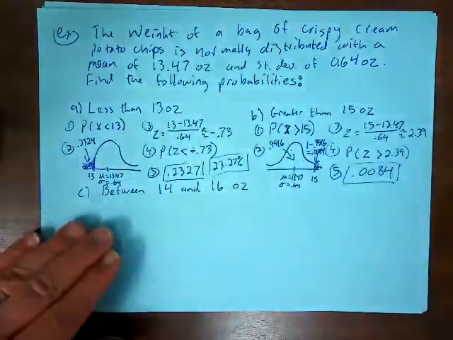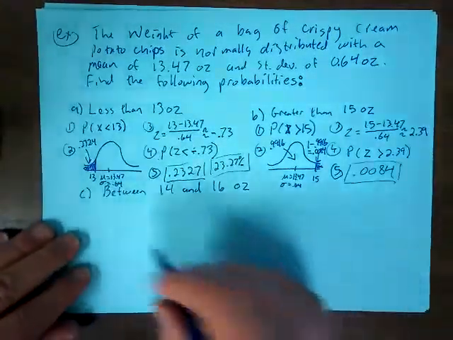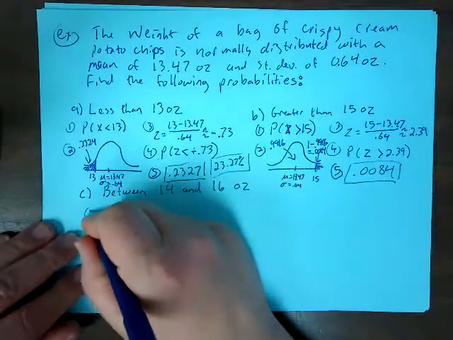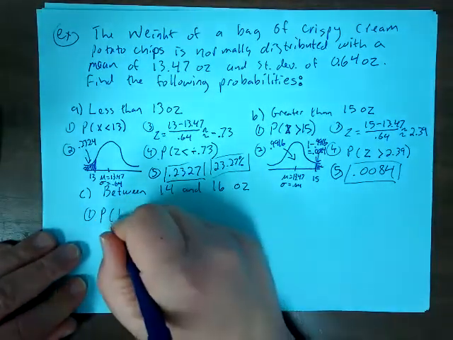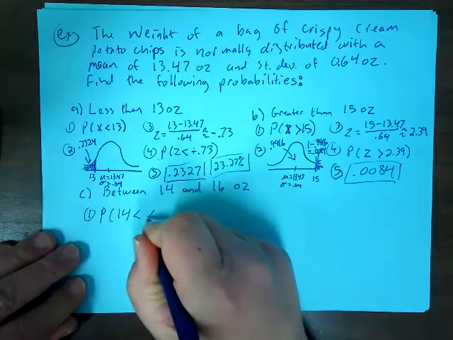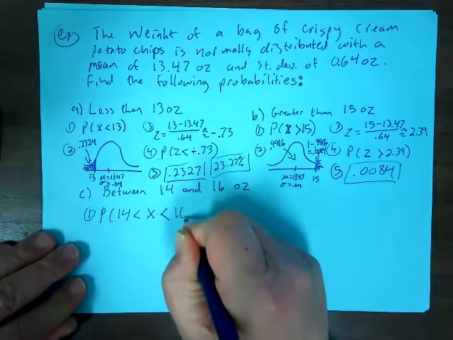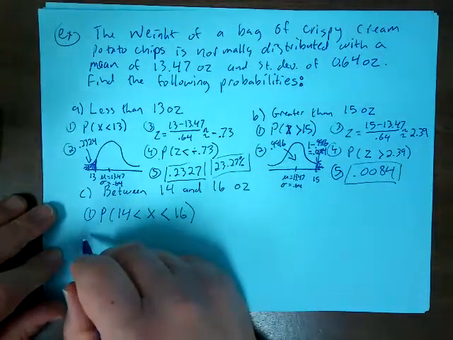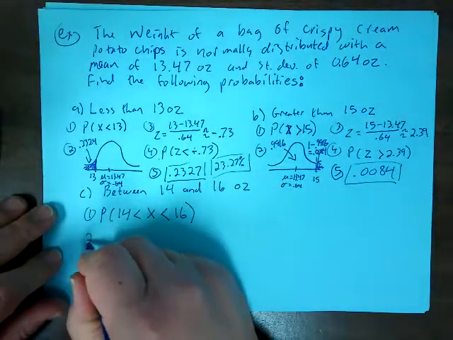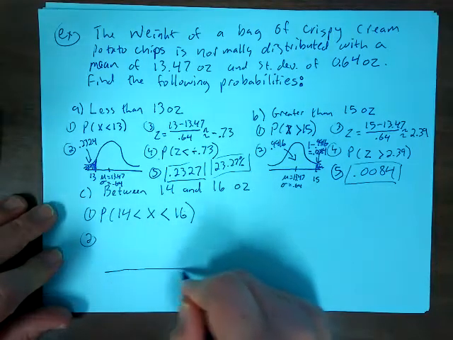Finally, we've got this between probability. This is like the third case, right? So the first step is I write out the x probability, 14 less than x less than 16. And now I'm going to draw my diagram.